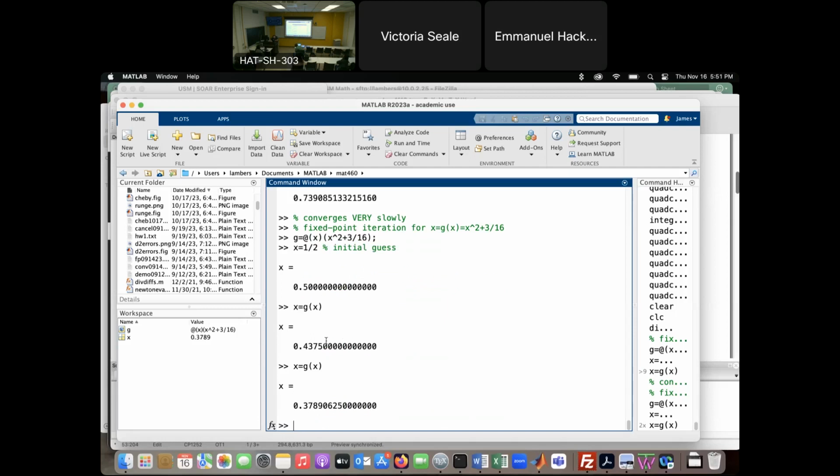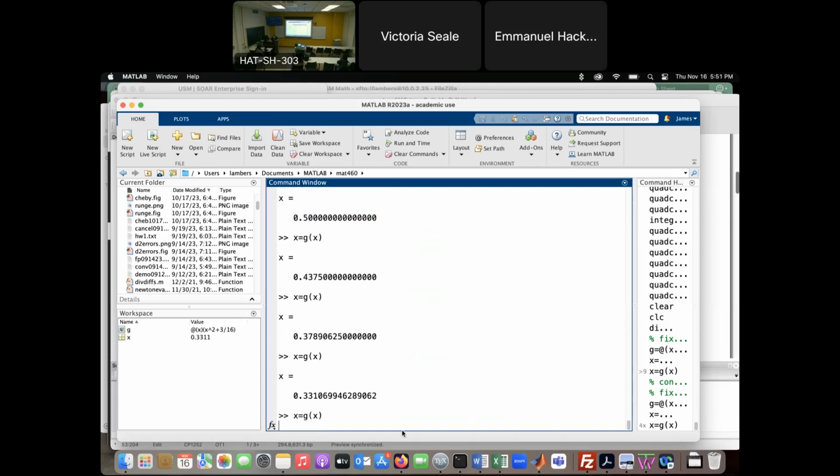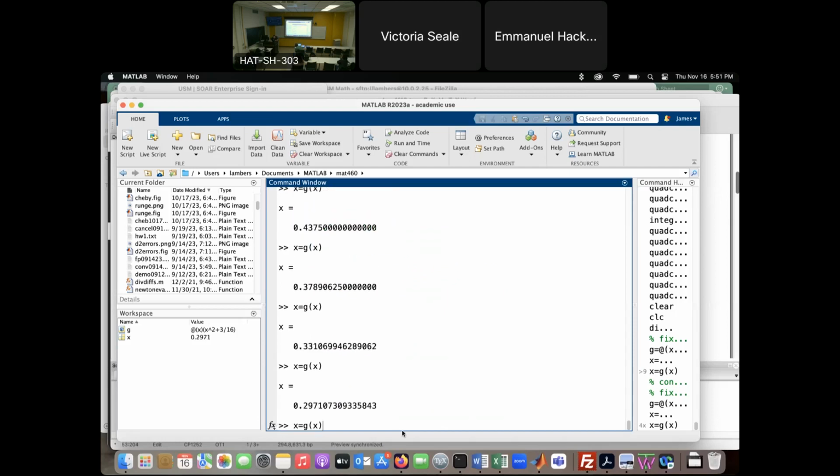We start at 1/2, and the values are definitely getting smaller. There's no oscillation here. It's just heading straight for the smaller of the two solutions. It would be 1/4.